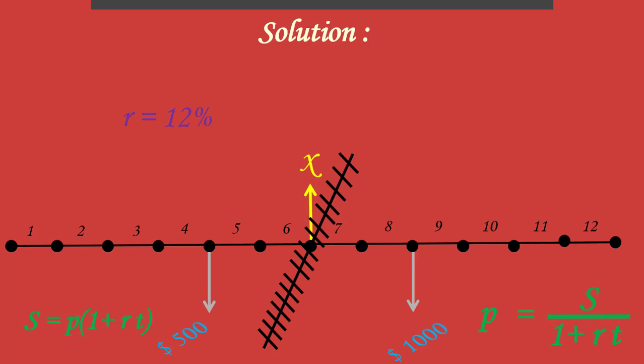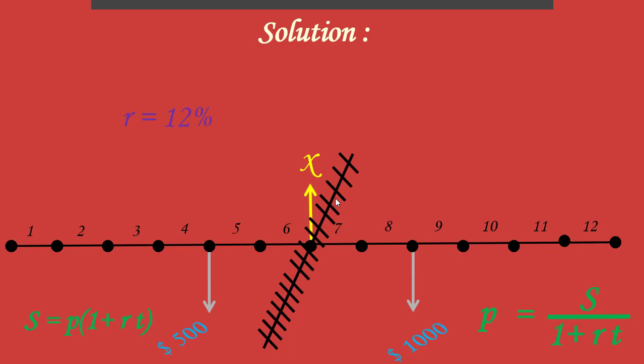Again, we calculate T by measuring the distance between the maturity date and the focal date. So T for $500 equals 2 months, and T for $1,000 equals 2 months, and for X T equals 0.